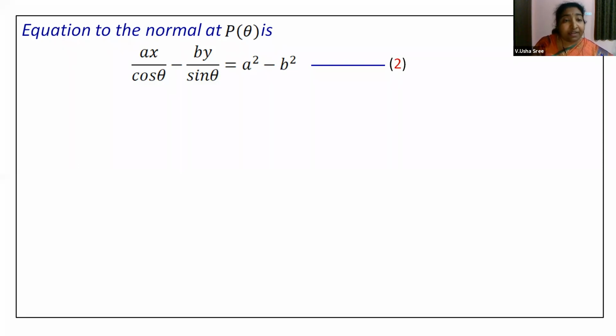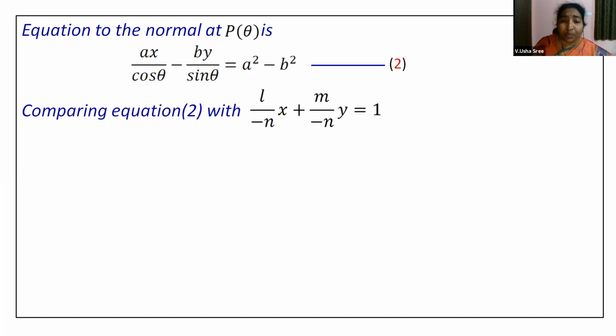Right. Now, we will try to compare this equation 2 with the equation lx + my + n = 0. Just now, when I was deducing the condition for a tangent, we simplified lx + my + n = 0 into (l/−n)x + (m/−n)y = 1. So we will compare equation 2 with this form of the line itself.